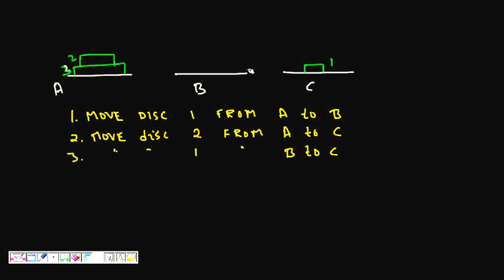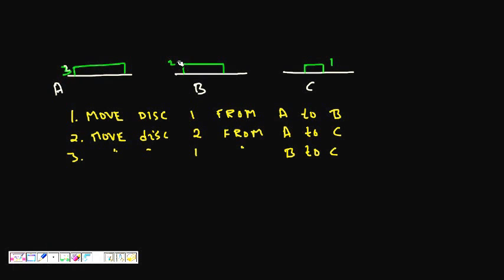Then what happens is we put disk 2 on B. Okay, so this comes here, and we have now the configuration like this.